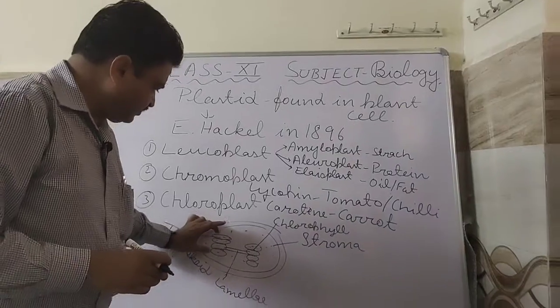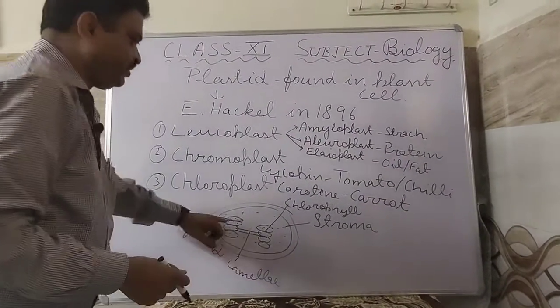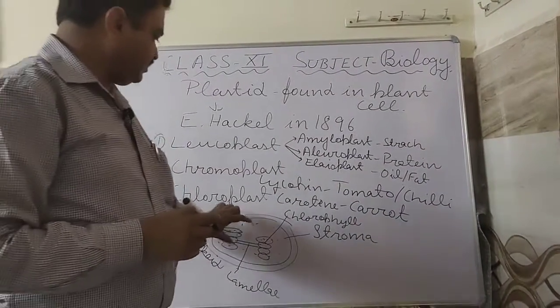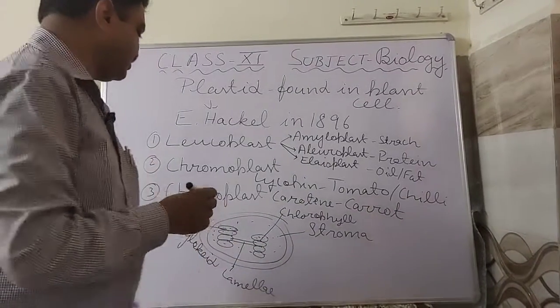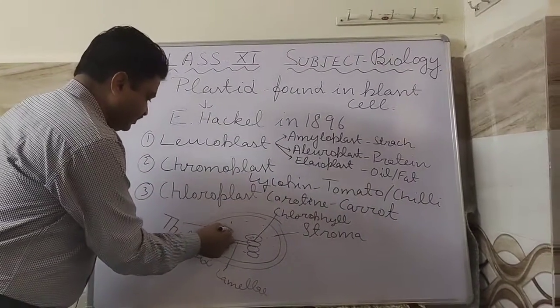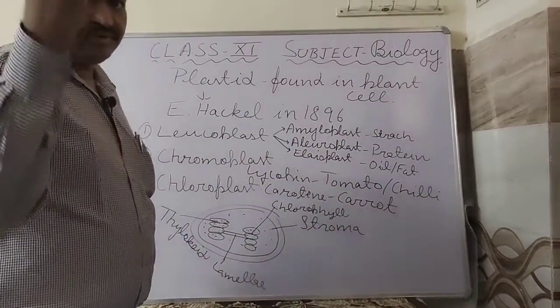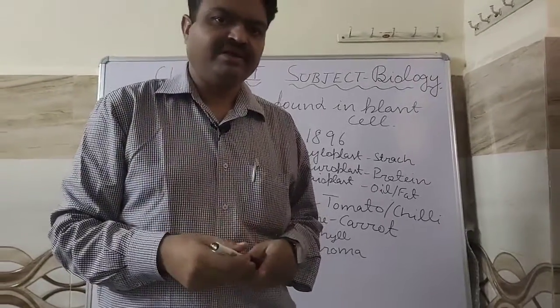And these piles of thylakoids are known as granum. What do we call them, student? Granum. And they help in photosynthesis. Why? Because they contain chlorophyll. Thylakoid contains chlorophyll, and chlorophyll traps the light of the sun, from which the plants can make their food.